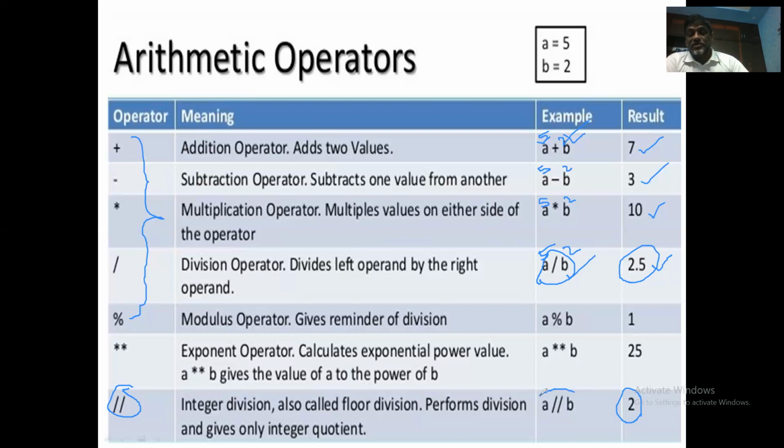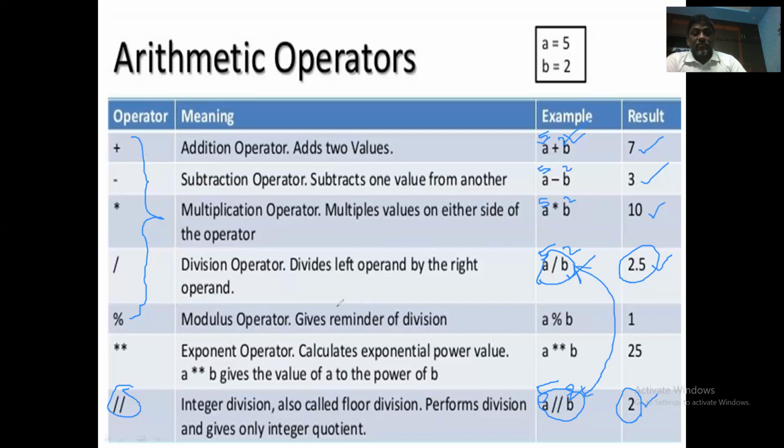And a double slash, if you use a double slash for representing division, it means that it is also division operation 5 by 2, but it returns only the integer result. The quotient is always going to be 2 only. Okay, so it will not return the corresponding floating point result. So you need to understand the difference between these two in Python, especially. It is not available in other languages.